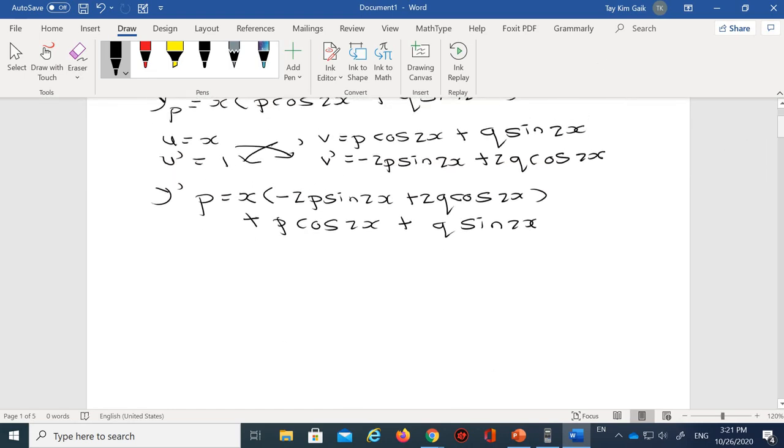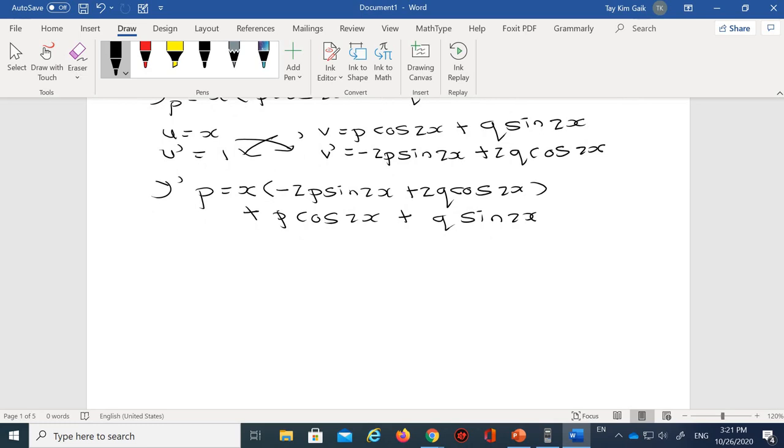And then to find your y double prime p, you notice that this is actually your u again. The bracket here is a v, but this one, no need for uv because it is not in product form.